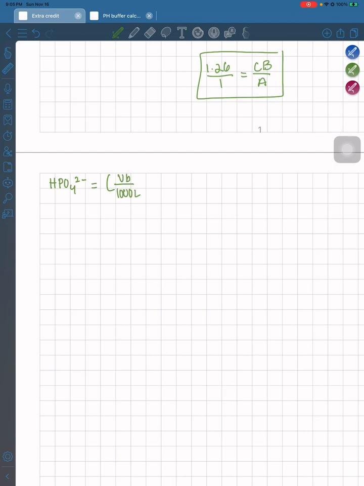So I'm going to divide that by 1,000 liters. We multiply that by our 0.10 given value. Now once you go ahead and solve this, you should get 0.0001 times our volume of base.